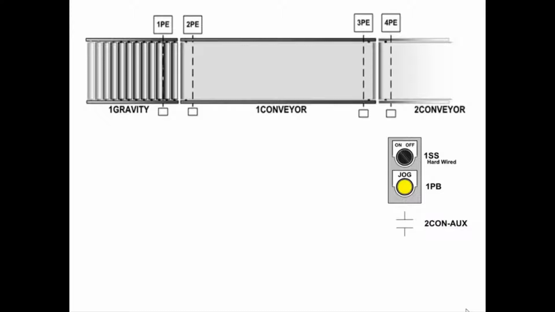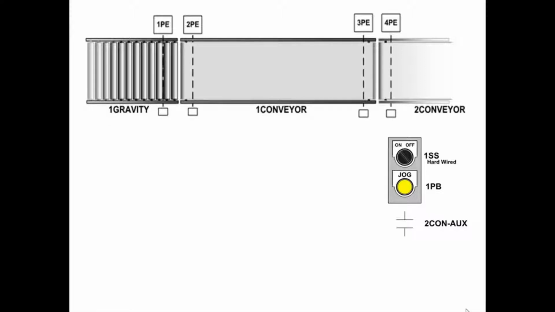There are 2 ways that you can run this little section of conveyor, but you don't have to run it just one way. In other words, you can have 2 completely different functions, or as many different functions as you like, for this little section of conveyor, depending on whether you're unloading the truck or you're calling for product downstream.